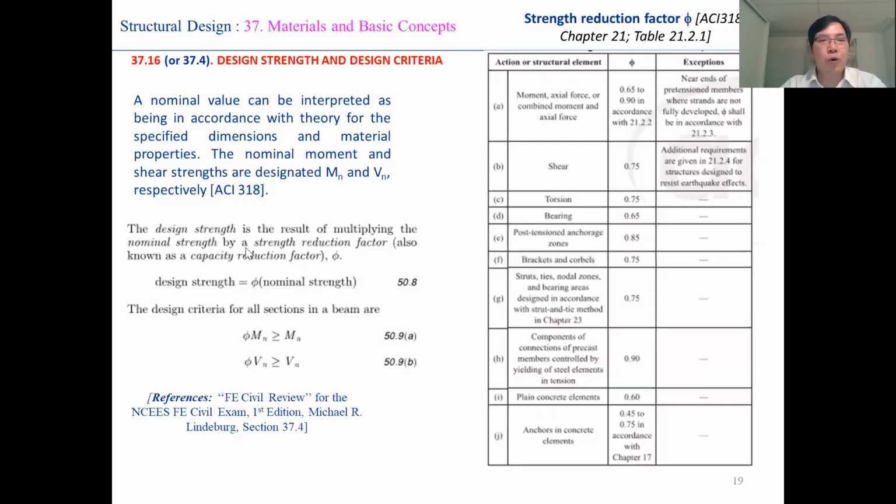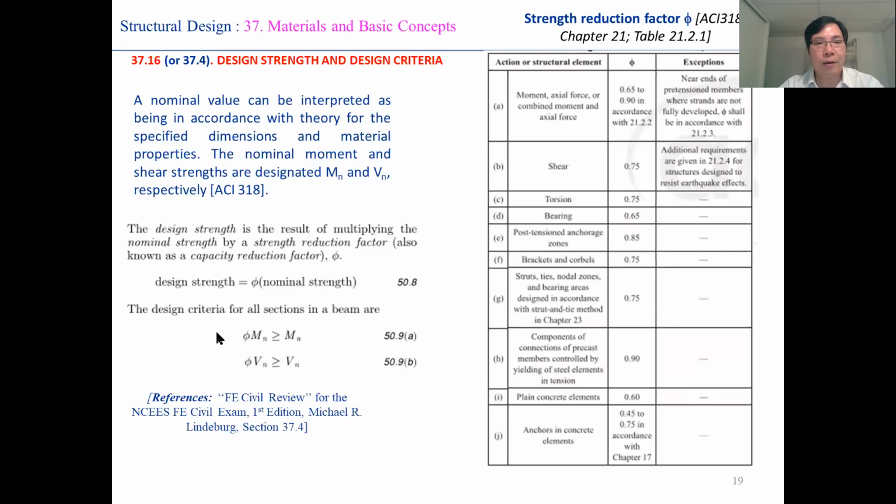In this slide, I would like to show you that the design strength is the result of multiplying the nominal strength by a strength reduction factor phi. So the design strength is equal to phi times nominal strength.